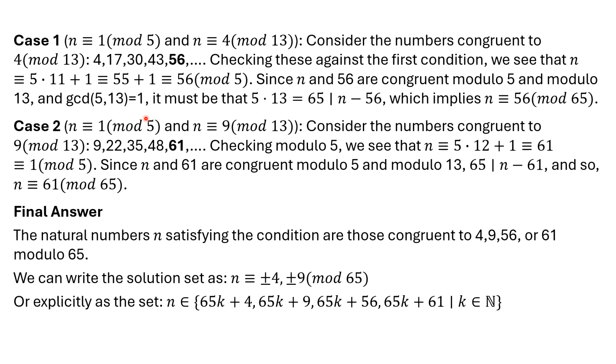And then we consider this case here, and we can write n is 5 times 12. This is 0 congruent mod 5, so we can add this in, plus 1, that's the 1 here, and that equals 60 plus 1, or 61, which is congruent to 1 mod 5. So in this case here we have n minus 61 is divisible by 5. So we have that n minus 61 is divisible both by 5 and 13.